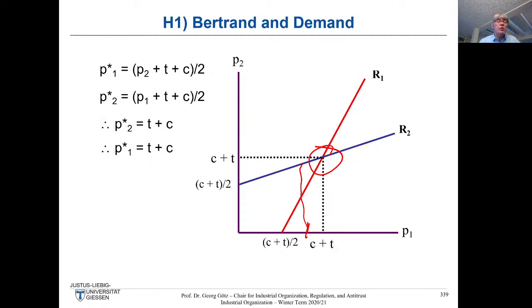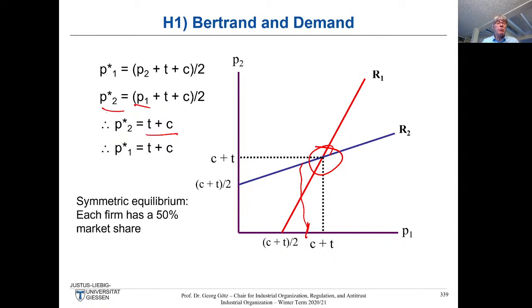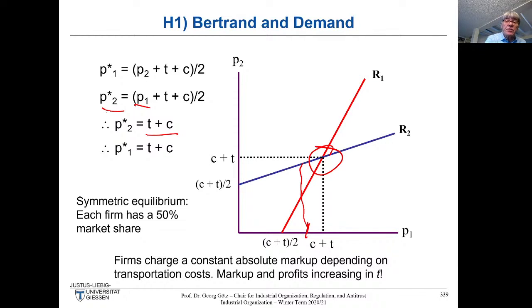And what is clear in equilibrium, as everything is symmetric, we will get P1 is equal to P2. And we have a very nice result here, namely that the price is nothing less than marginal cost plus some absolute markup, which is determined by the transport cost T. And that's what's stated here.